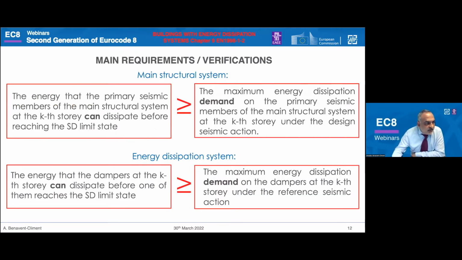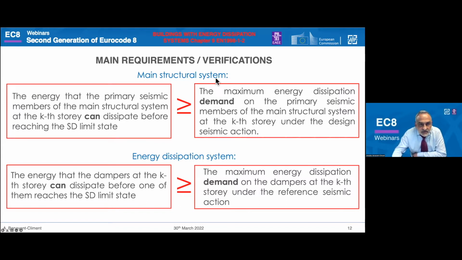So the main verifications or requirements for both types of damping systems, velocity dependent and displacement dependent, are also exactly the same. There are two main verifications that have to be checked.